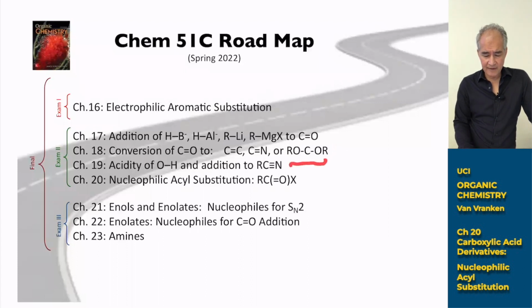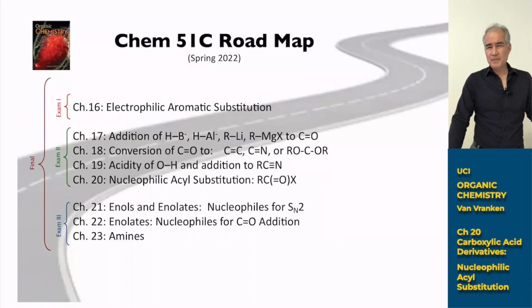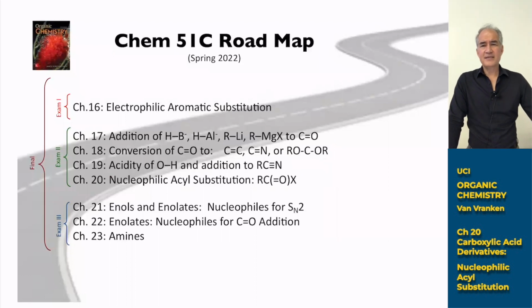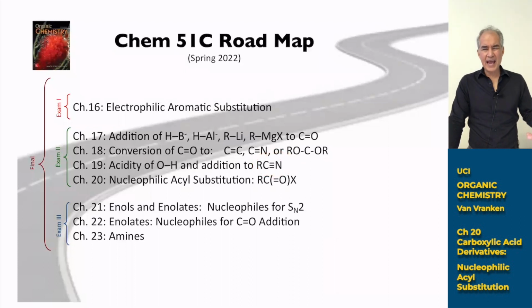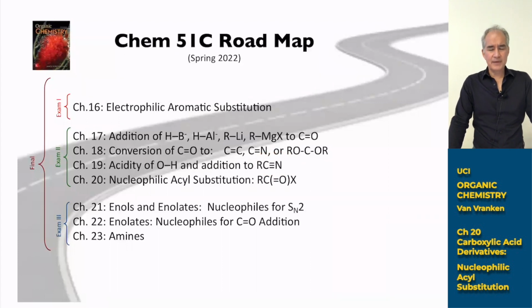Chapter 19 didn't have a lot of meat in there. We expect you to know pKa's of OH compounds and how acidic they are. In the end of the chapter, they talk about additions to nitriles, triple bonds, and how you can add to those triple bonds in a similar way that you add nucleophiles to carbonyl groups. And this last chapter that we just finished is nucleophilic acyl substitution.